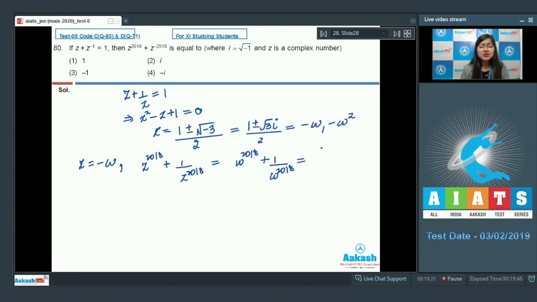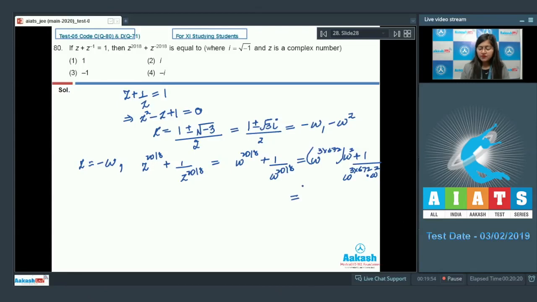Let us write it as a multiple of 3: 3 into 672 plus omega square, plus, similarly, 1 upon omega raised to the power 3 into 672 plus omega square.